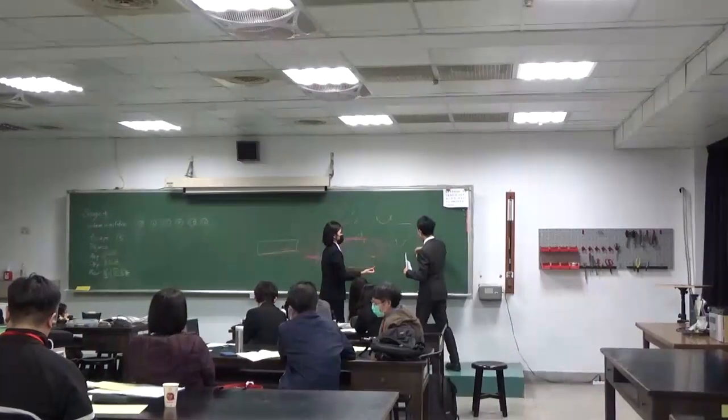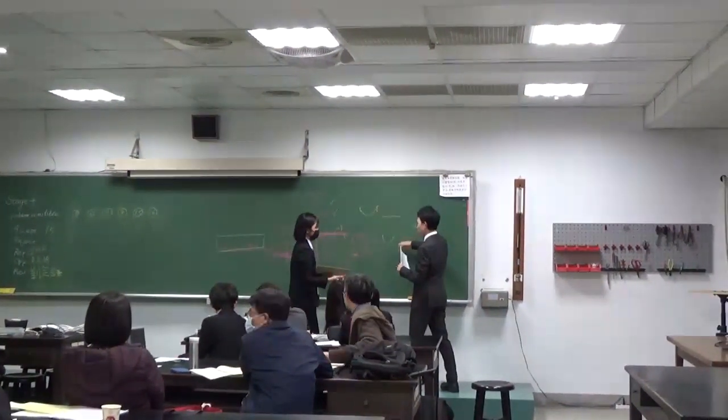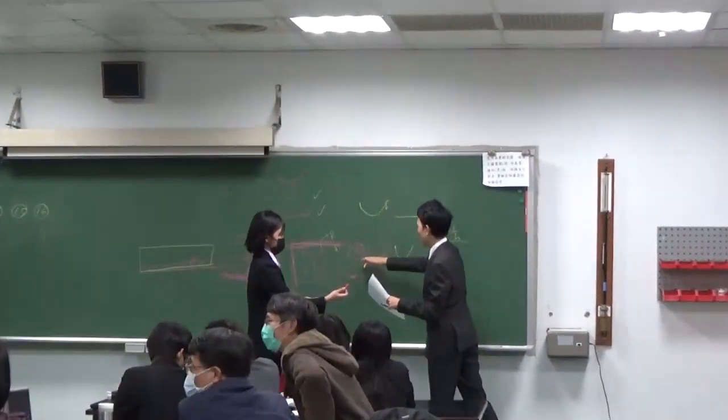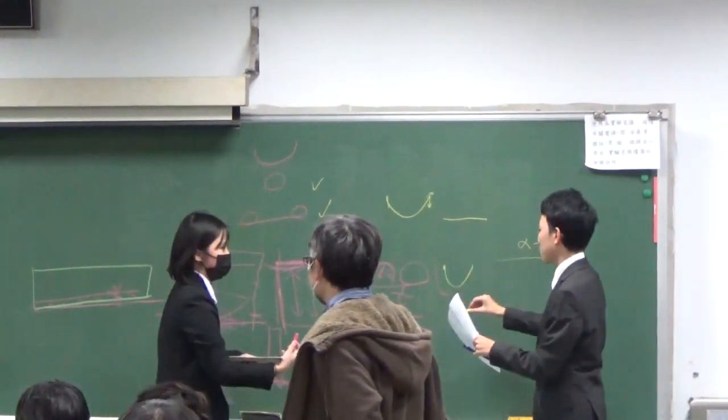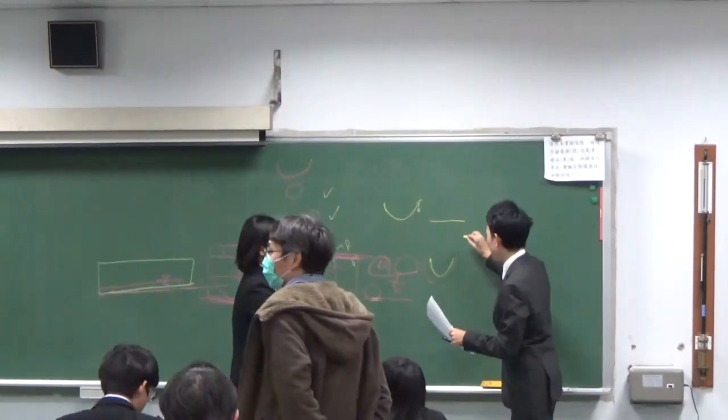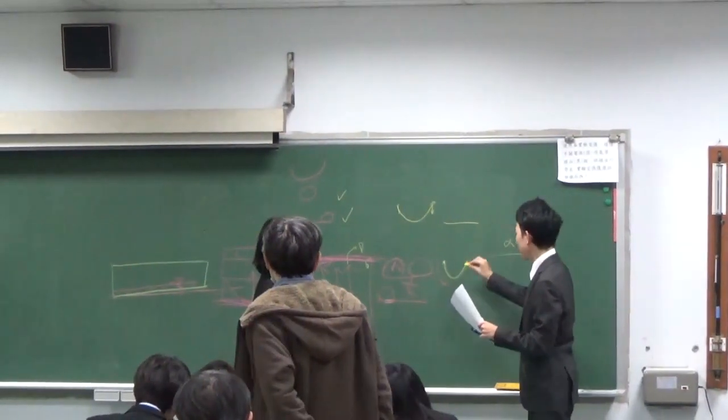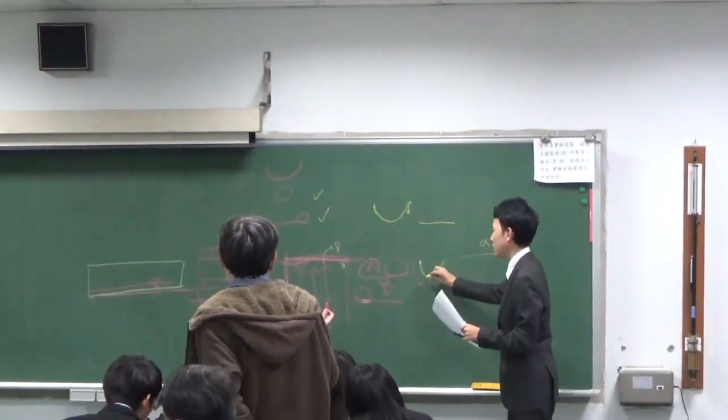But I think the curve is not always a whole circle, right? Of course, because of the water surface tension, it will start to form a circle. But in the start, this cannot be counted as a whole circle. So I think using this will be a lot easier.